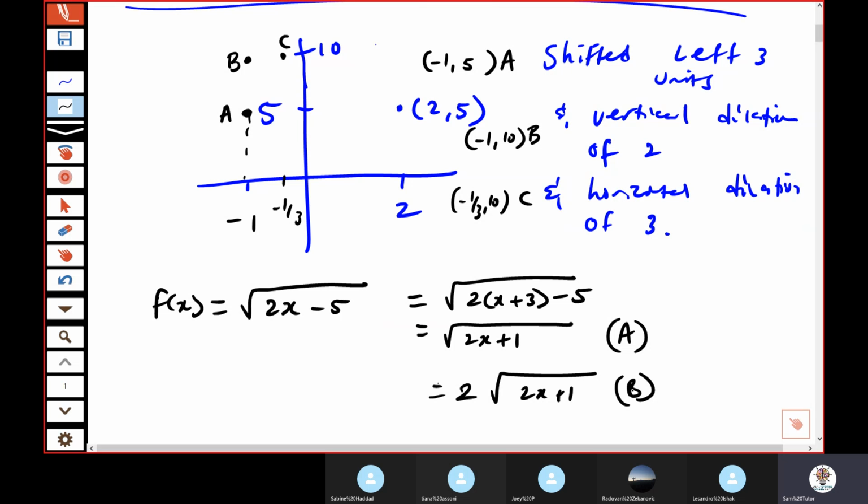Last one. Then there's a horizontal dilation of 3. What does that do? Replace your x for, let's see if you guys can say it right. You're going to replace your x for what in a horizontal dilation of 3? A third. Is it just a third?